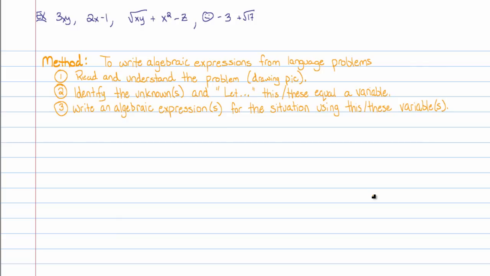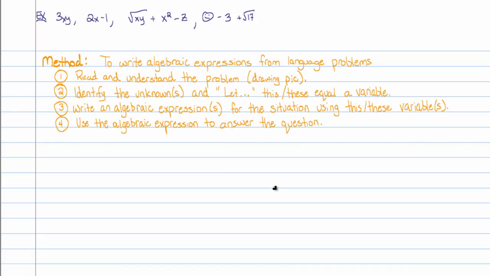The third thing is what most students think is the most difficult part, but really if you do part 2, the third thing is actually a little bit easier for you. We want to write an algebraic expression for the situation using the unknowns that you labeled in the previous step. So this is the part where you might have to reach into your bag of previous tricks, your old formulas you may have known. But very, very important step nonetheless.